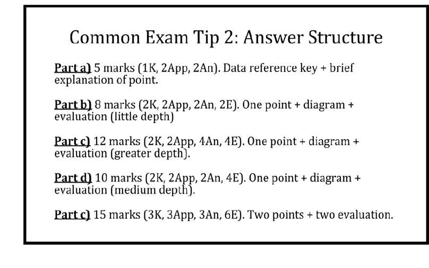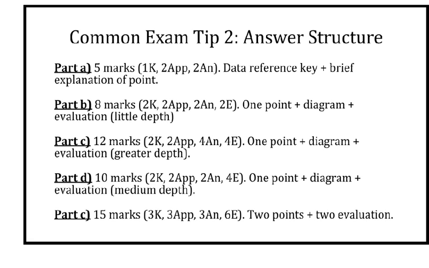Part C works by looking at 1 point, again a diagram and some evaluation, but this is in a little bit greater depth, so really picking out maybe the nuances of what might be happening to profit, price and output, and the evaluation should be stronger, thinking about potentially the extent of the point that you're making to get the 12 marks overall.